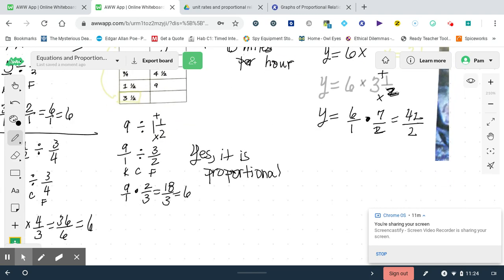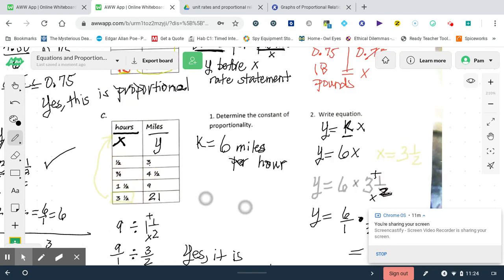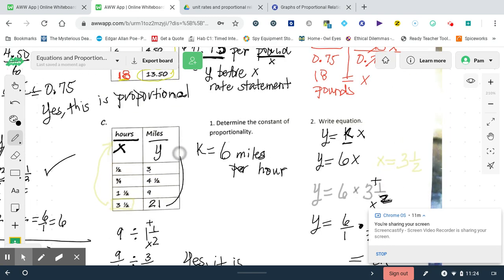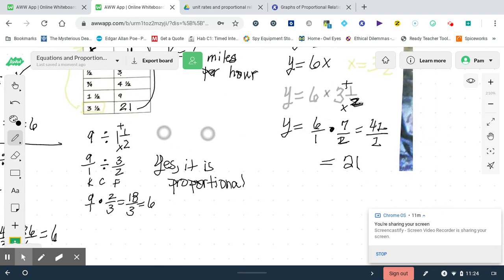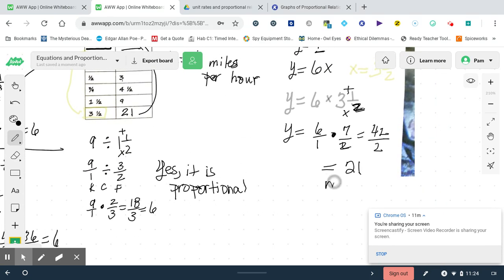And 42 divided by 2 equals 21. Well, 21 what? So you got the 21 that goes here. And it's in terms of miles. So in 3.5 hours, someone can go 21 miles. All right, and that's that.